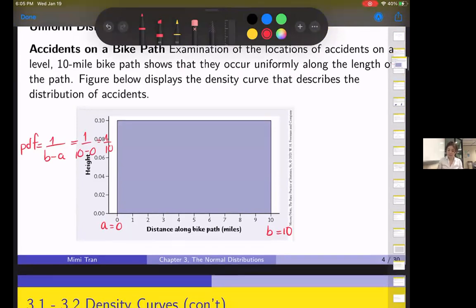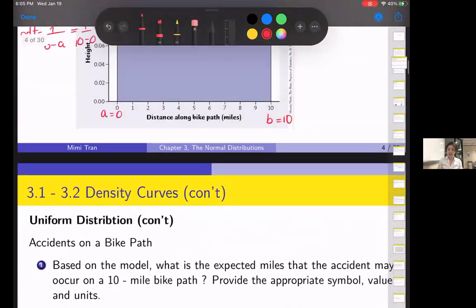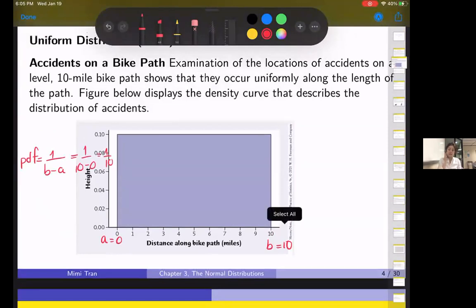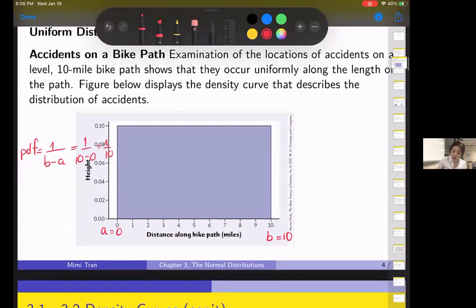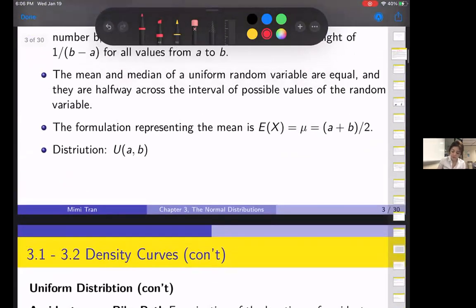All right, let's answer some questions. This picture is the uniform distribution of the location of an accident on a 10-mile bike path. In the uniform distribution, the mean and the median are the same, because half of it is your mean, and it's also your median, the middle value. The formula represents the mean, which is the expected value.